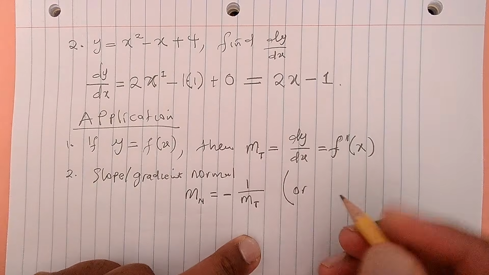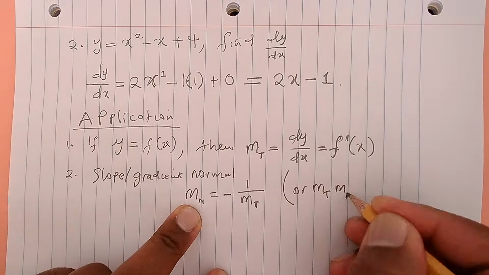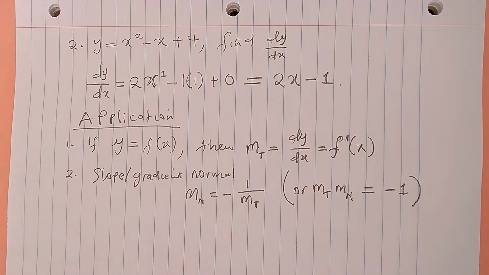In other words, we can write m_t times m_n is equal to -1. In some books, they just write m1, m2. The product of these two gradients is -1. That is just the bottom line of everything that I'm saying right now.